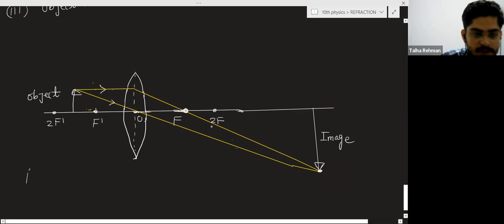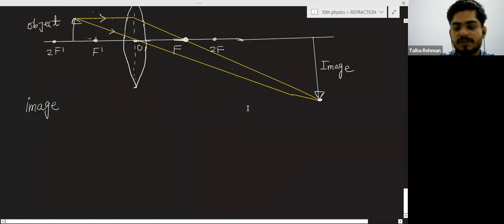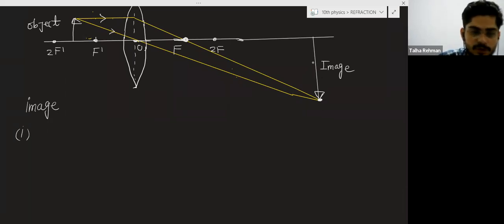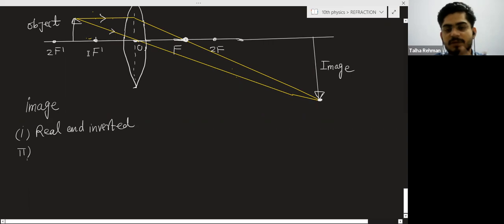Now talking about the image, nature, position, and size. First, the nature of the image: as you can see, these rays are actually meeting, so the image will be real, and you can see the image is inverted also. Second, the size of the image: see the size of the object and the size of the image.